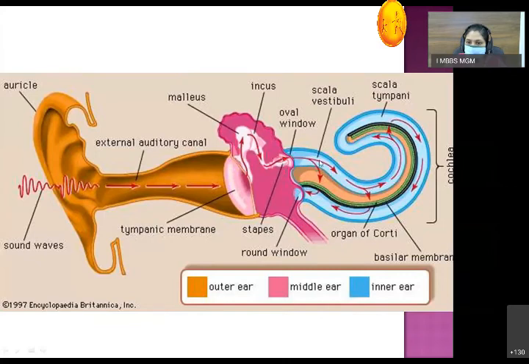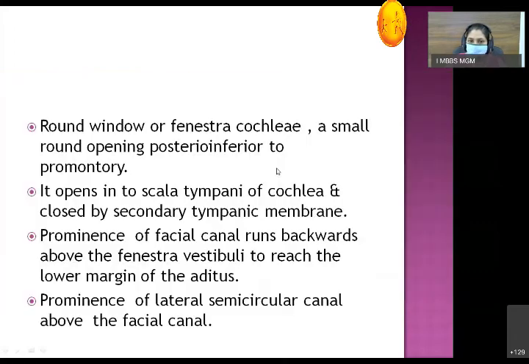So this will communicate with the scala vestibuli. The round window opens into the scala tympani of the cochlea and is closed by the secondary tympanic membrane.